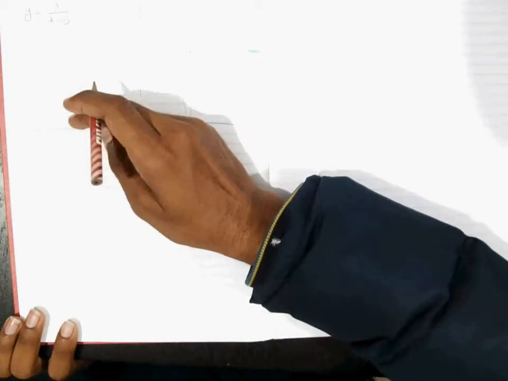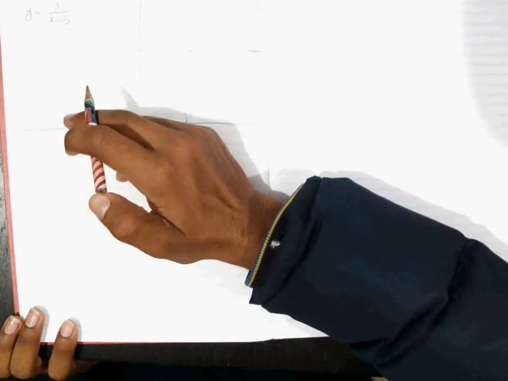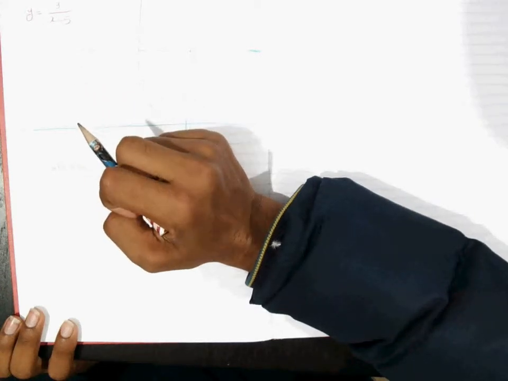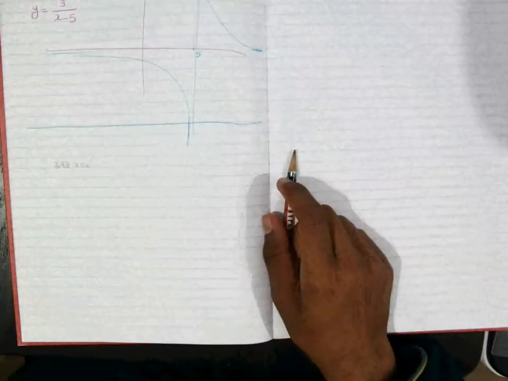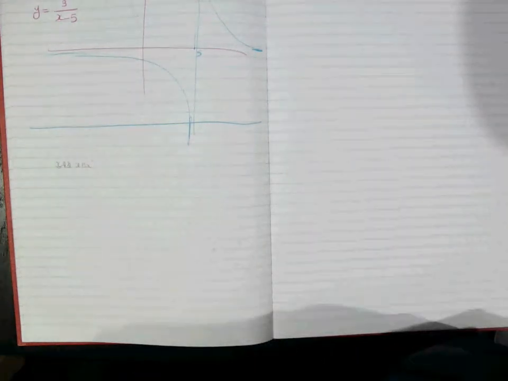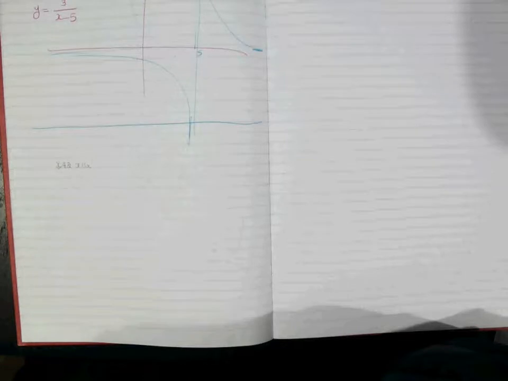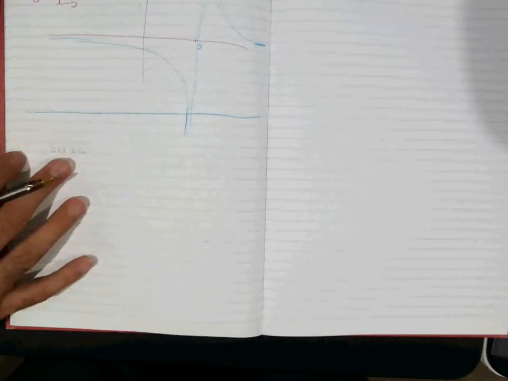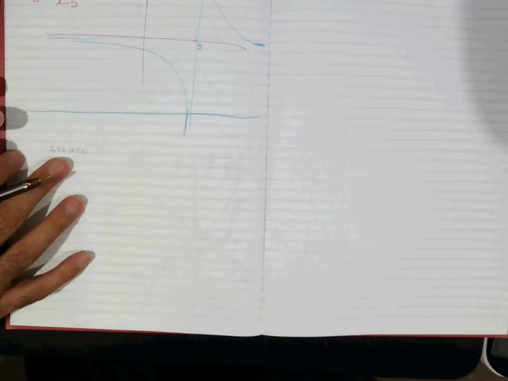Do you know what is the basis of completing the square? What is the basis of completing the square? I'm going to write the basis of completing the square, because, as I said, there are some things at a high level that we need to know.